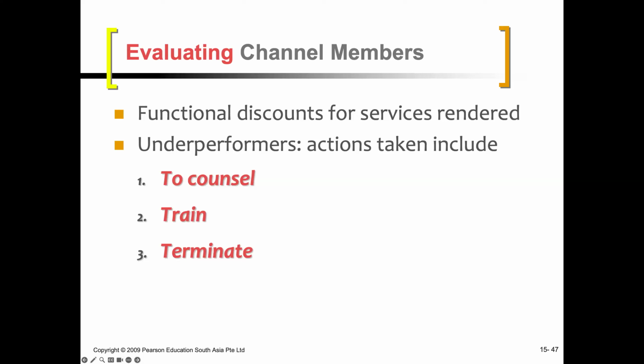But if they fail to perform in the long run without any sign or chance of improving, terminating the contract is, to me, one of the unwanted but also essential ways, when you are unable to train, communicate or consult with that intermediary.